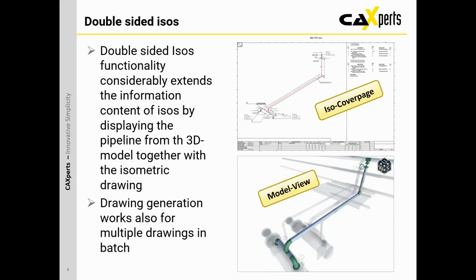So additionally to the isometric from the authoring system, what is here represented by the cover page, also an additional view with the pipeline on it can be automatically added into a PDF file. This offers really helpful information for the construction on site. The drawing generation works for single sheets, but also fully automated in a batch mode for multiple sheets.